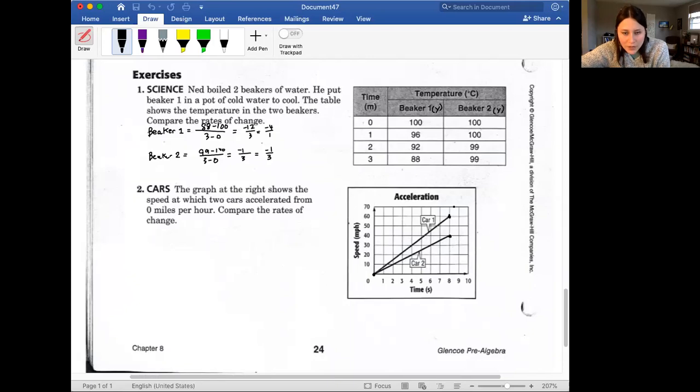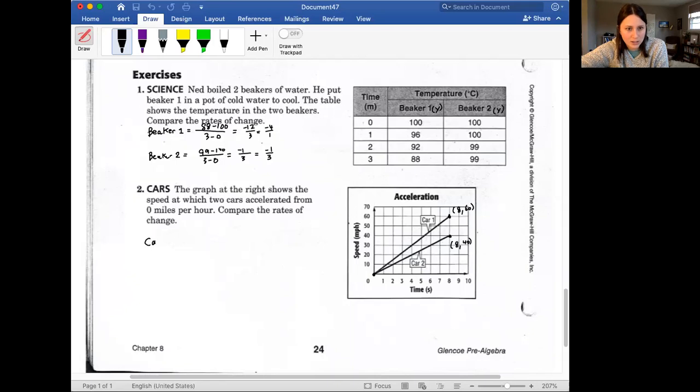So if I look at this point, car 1 is at 8, 60: it takes 8 seconds to get up to 60 miles per hour. Car 2 is at 8, but it goes up to 40 miles per hour. So in 8 seconds, it goes up to 40 miles per hour. Looking at the graph, you can already tell which car is faster. But let's compare their exact rates of change.